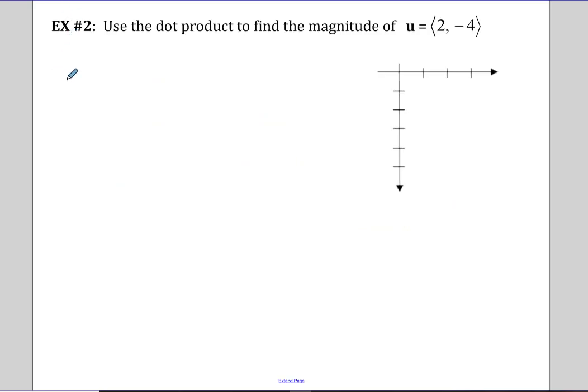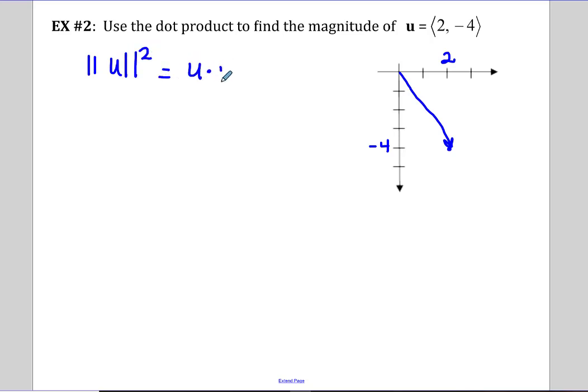In example 2, we use the dot product to find the magnitude of 2, -4. So if I draw my vector 2, -4, so this is 2, and this is -4. This is my vector here. So I can use the dot product by doing u, the magnitude squared, dotted with itself.